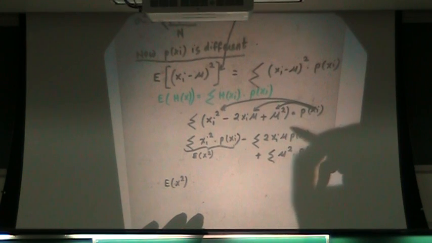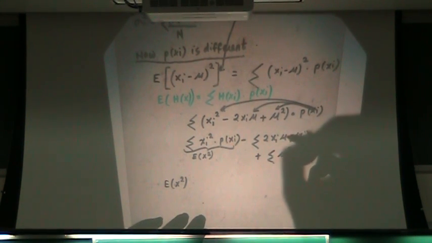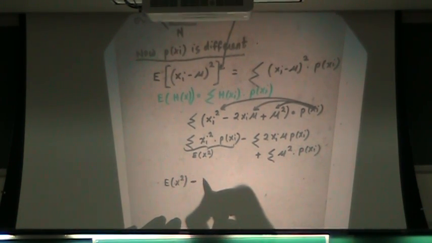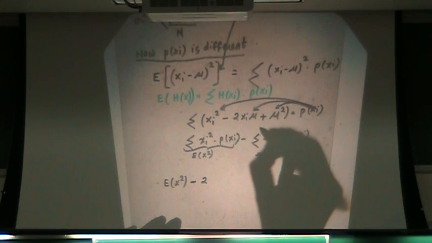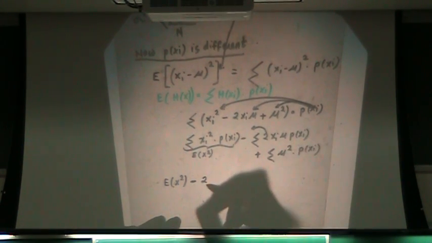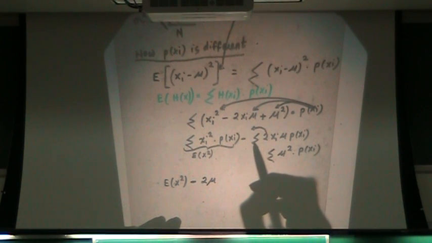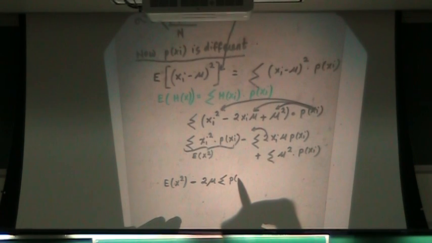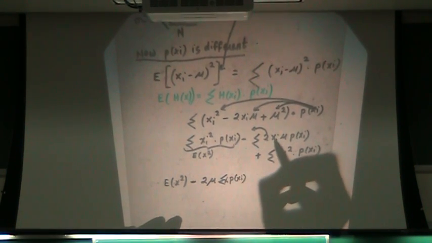And for this term, I'd like to pull out the 2 mu. So minus 2. 2 is a constant, I'm going to pull that out. Mu, summation xi P of xi. I still have an xi sitting here.